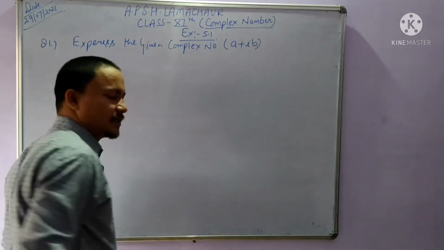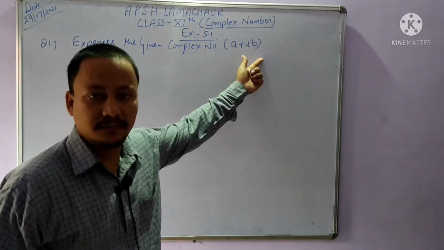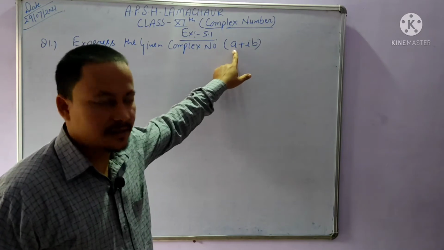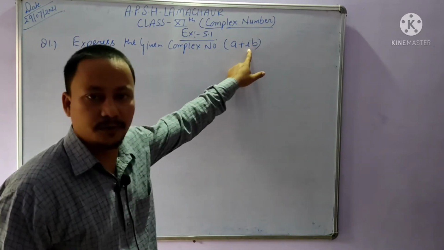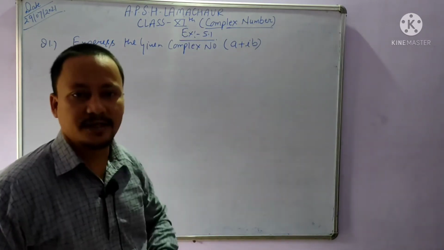As I told you earlier, this is the standard form of a complex number where a and b are real numbers, a indicates the real part and b indicates the imaginary part, because b contains iota.